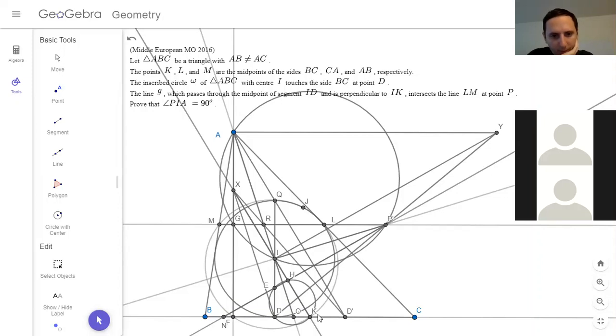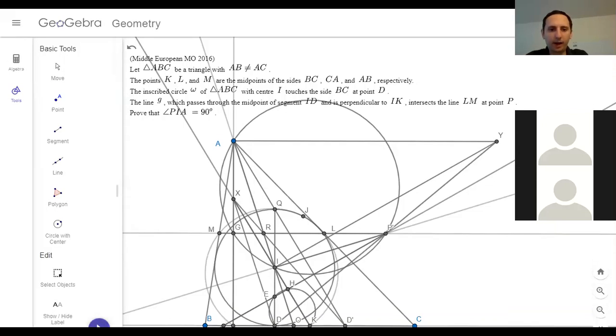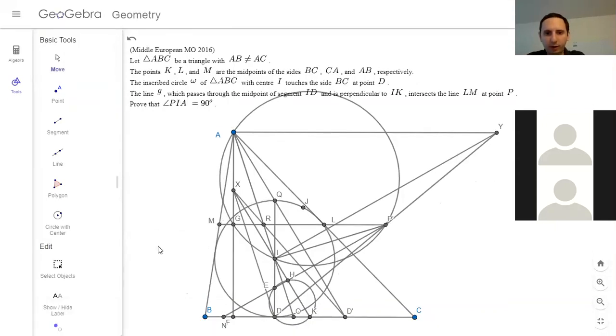That's kind of what I'm wondering. Oh, so once we've shown that YI is perpendicular to IK, how do we finish the problem from there?